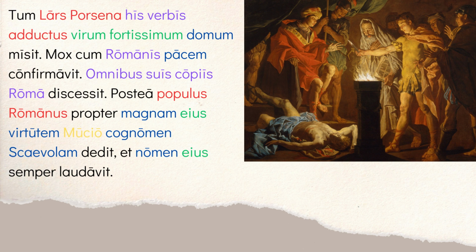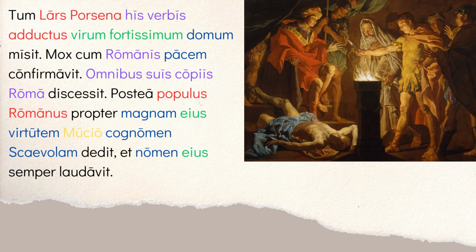"Postea populus Romanus propter magnam eius virtutem Mucio cognomen Scaevolam dedit et nomen eius semper laudavit." Okay, so here's the outcome of all his bravery. So afterward, the Roman people, the populus Romanus, on account of his great virtue, magnam virtutem eius, the eius there is talking about Gaius Mucius, gave the cognomen.